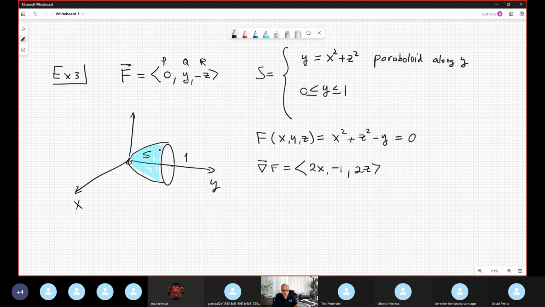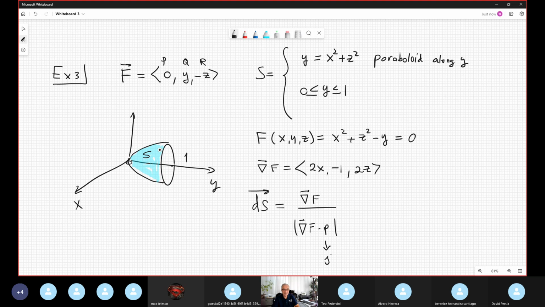Okay, so suppose that I make the decision to apply that formula. This vector is this gradient divided by this gradient dot the unit vector p. Obviously in this problem the most convenient unit vector is j.